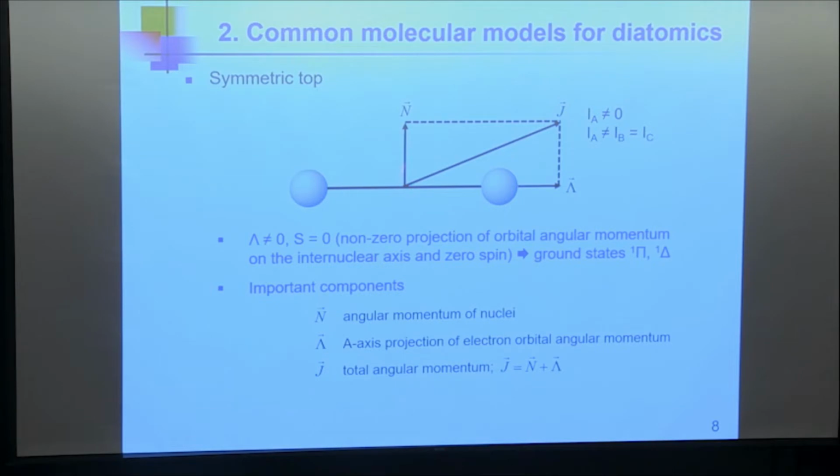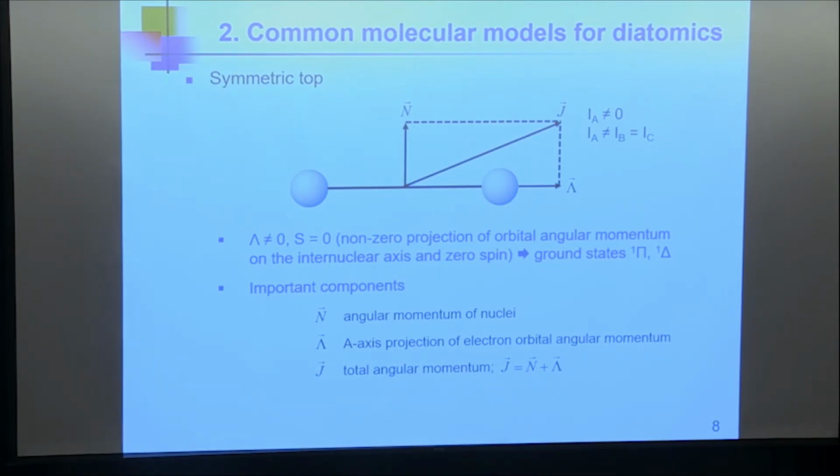Meanwhile, we still have the angular momentum of the molecule that rotates around the center of mass, due to the nuclei. In this case, since we have to preserve J for the total, we no longer use J for the momentum about the B and C axes, so we now substitute N. In the limit that there's no lambda, we're back to using J for the total, and it's just the nuclear motions.